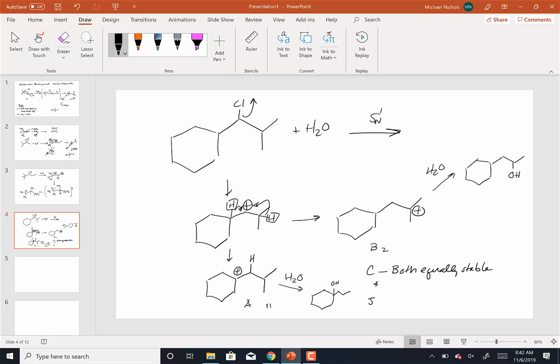So I'm going to get this product and this product equally. What don't we like? What happened to the methyl group? Typo. That happens a lot. We have a lot of typos.